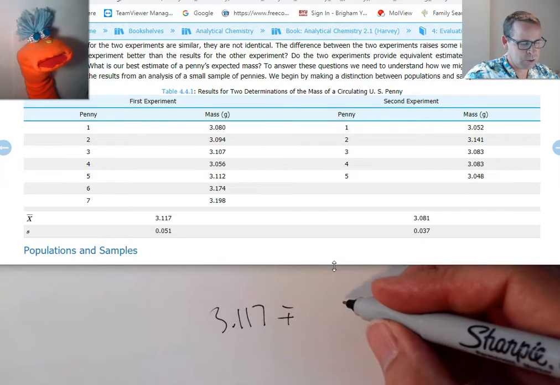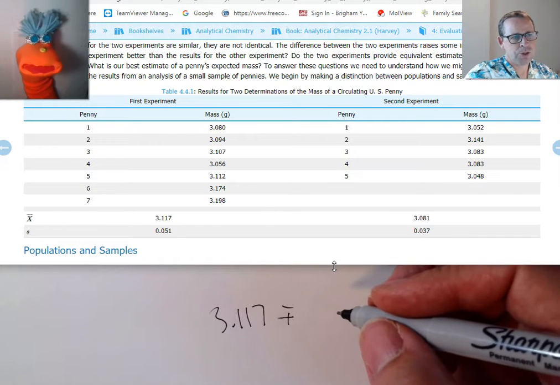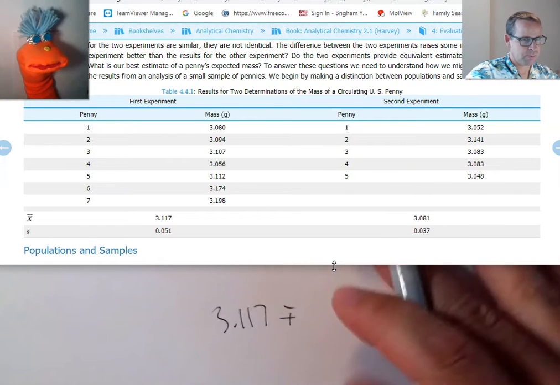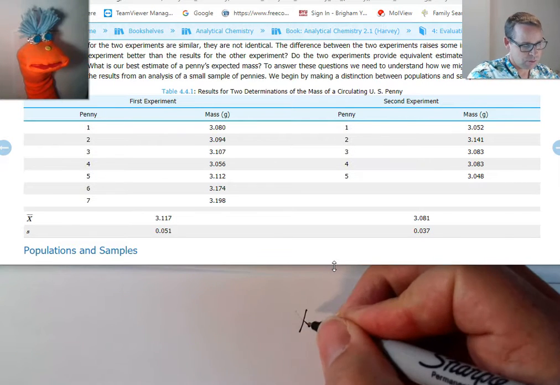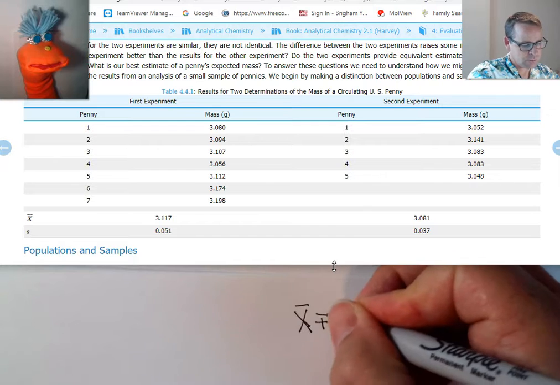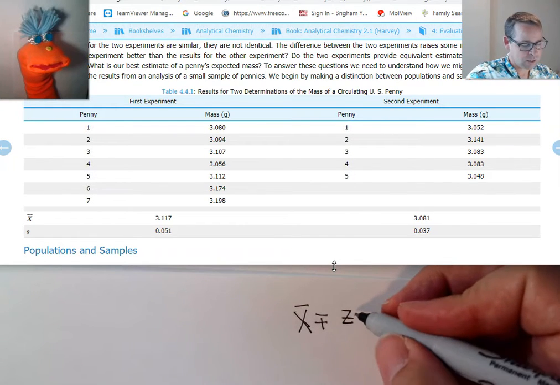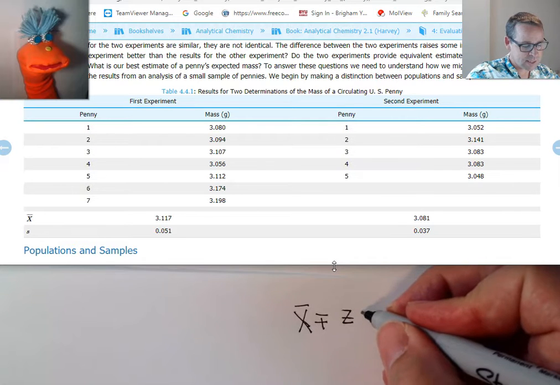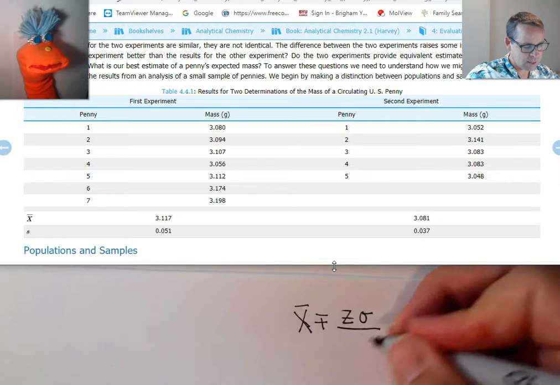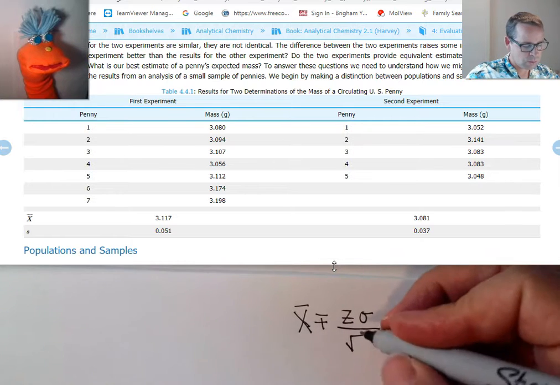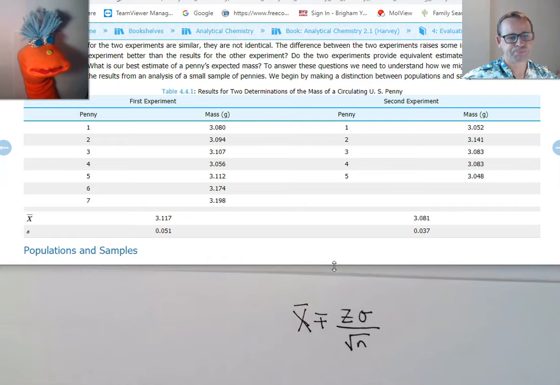Well, before it was the sigma times the z. That's right. So before, let's recall, if you take your average, x bar, plus or minus the z times the sigma, that would be our confidence interval, and the error on the standard deviation would be identified when we divide that by the square root of n.